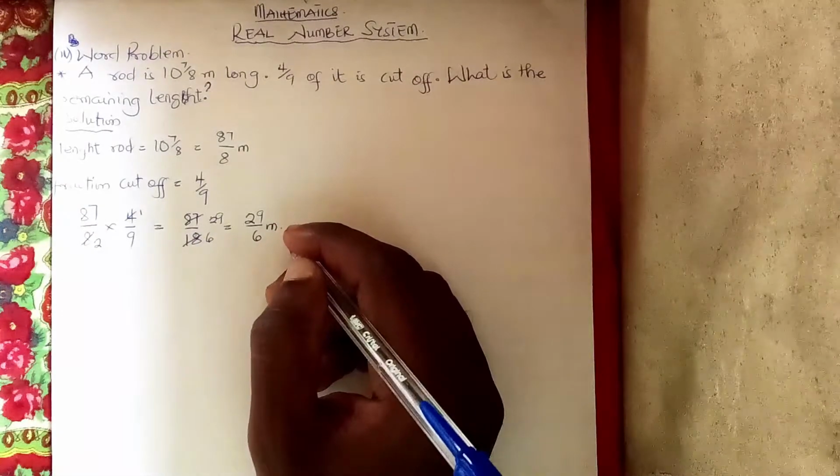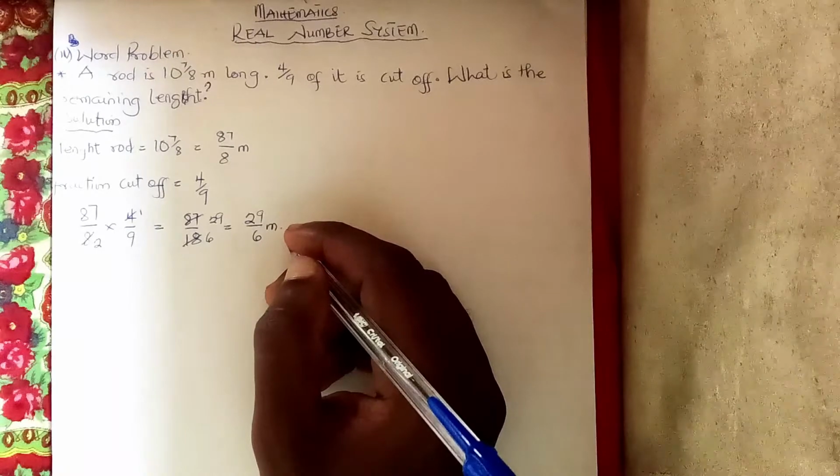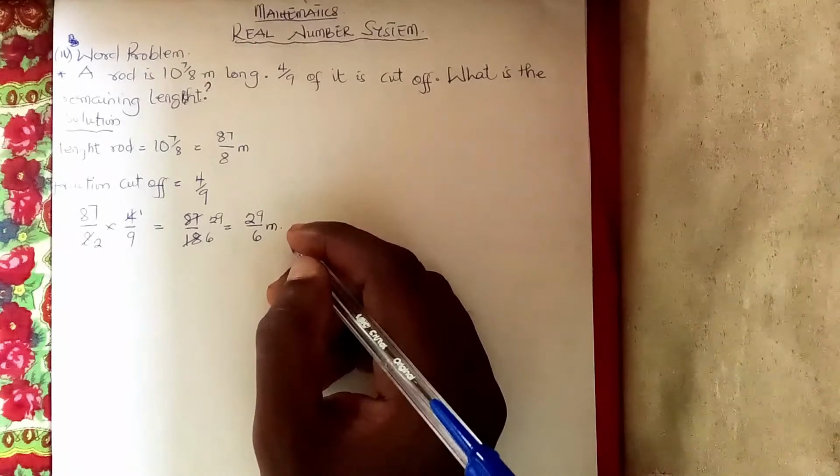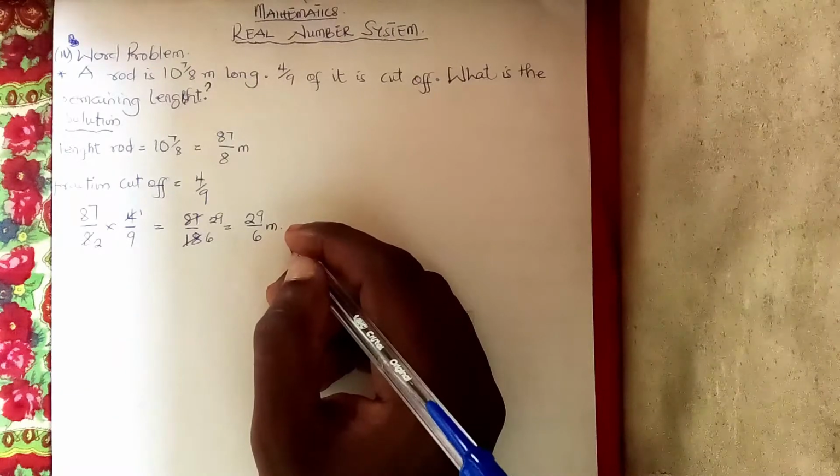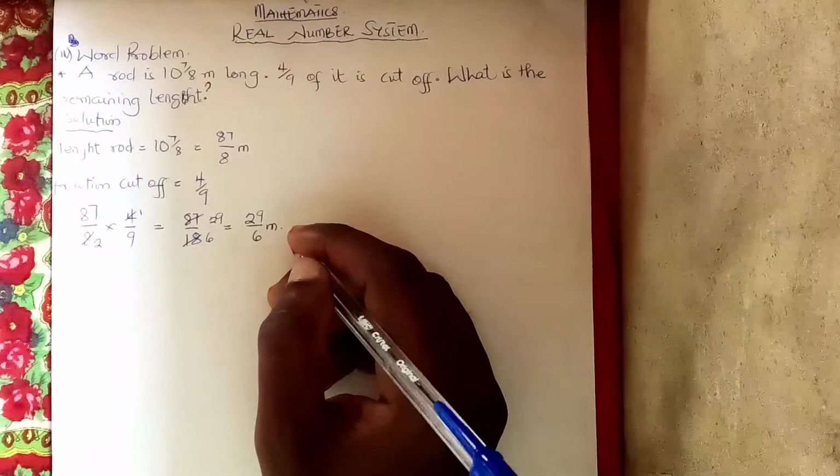Now, since we have the cut-off length, that's 29/6, we can subtract it from the original length to find the remaining length that was asked of us.